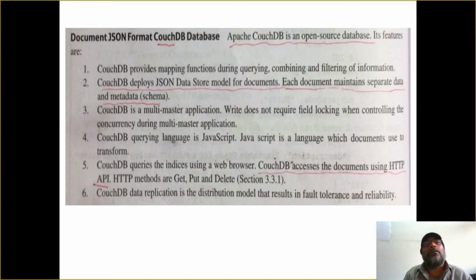Its features are: CouchDB provides mapping functions during querying, combining, and filtering of information. CouchDB deploys the JSON data store model for documents.